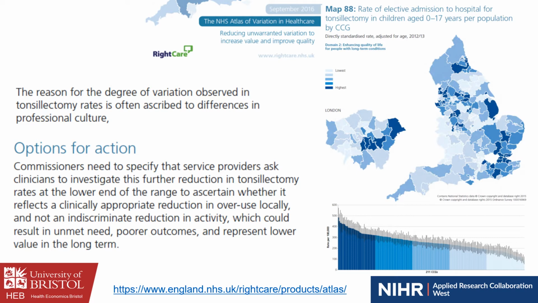This ranged from 84 to 485 per 100,000 population, a 5.7-fold variation. The commentary expresses caution about whether the lowest rates may represent inappropriate unmet need, and this is left for clinicians to investigate.